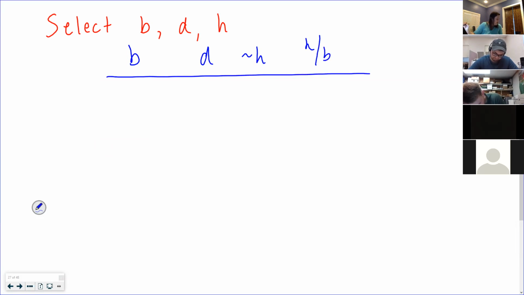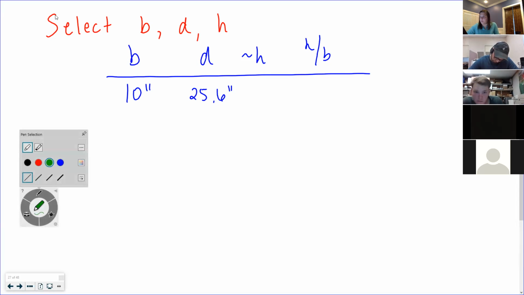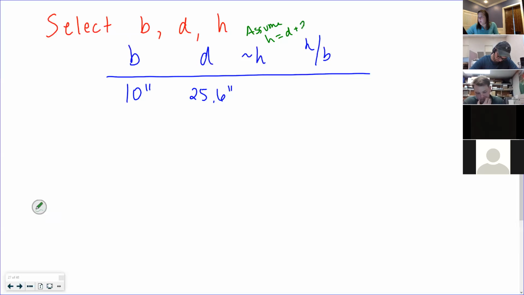So if I made B 10 inches, I have a depth of 25.6. If I assumed one layer of reinforcement, just add 2.5 inches to that.